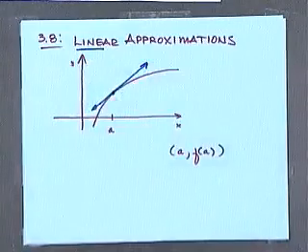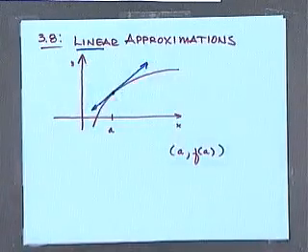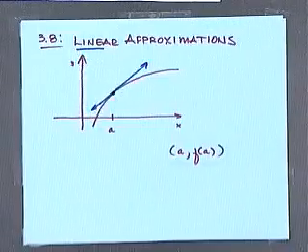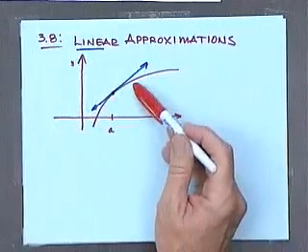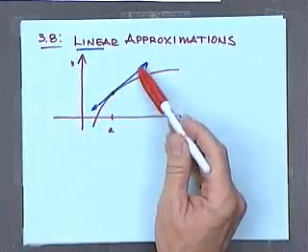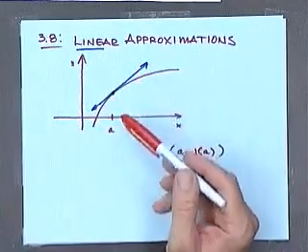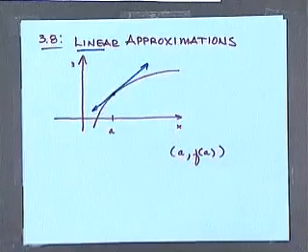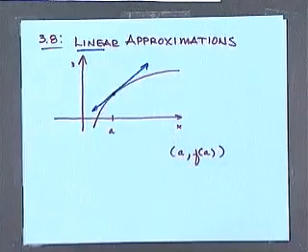So there's our line from the linear approximation, and we're going to approximate what's going on the curve by what has happened along the tangent to the curve. Now we can do that as long as we don't get too far away from this initial point of tangency.